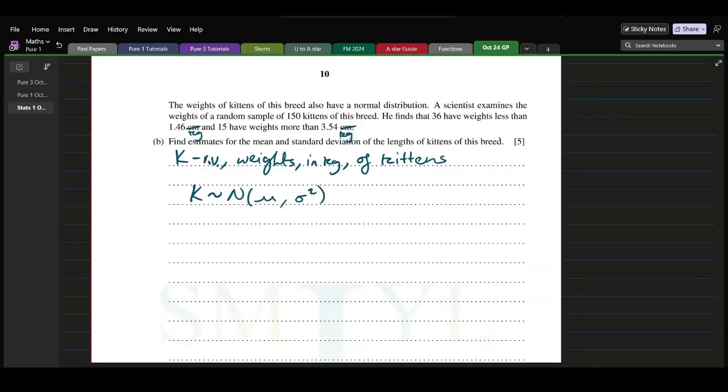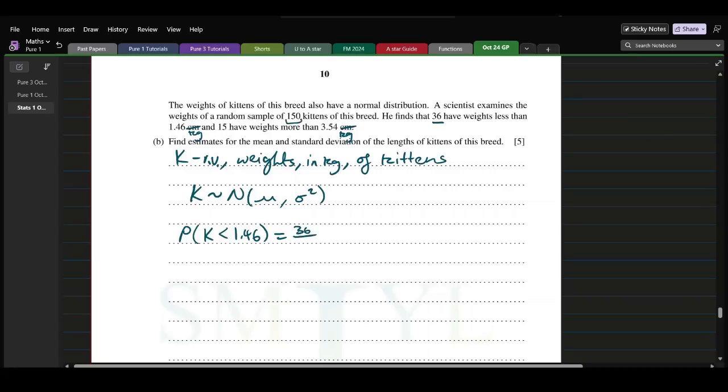We've been given that 36 of these kittens weigh less than 1.46. So the probability that K is less than 1.46 kgs is equal to 36 out of a total of 150 kittens. Then we've also been given that 15 weigh more than 3.54, so K greater than 3.54 is equal to 15 out of 150.